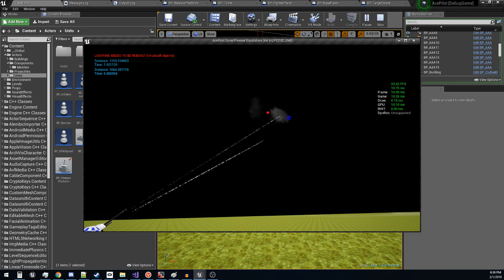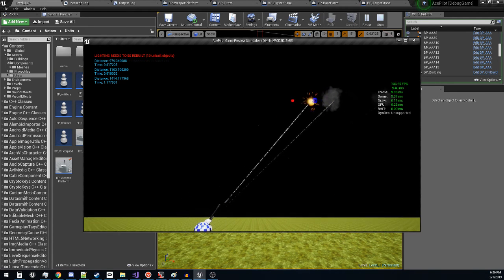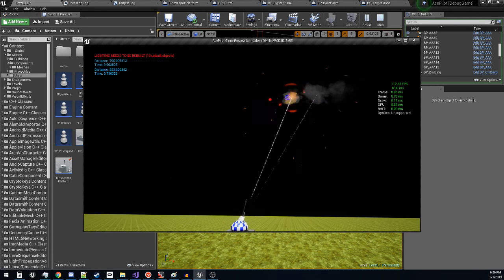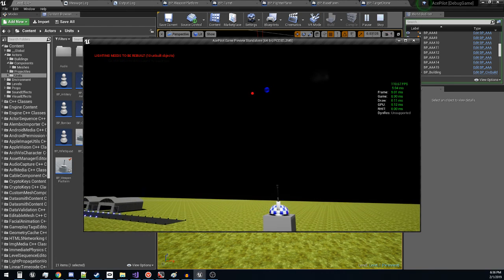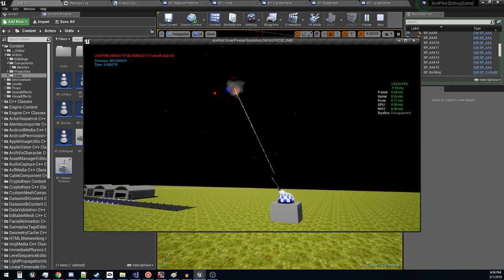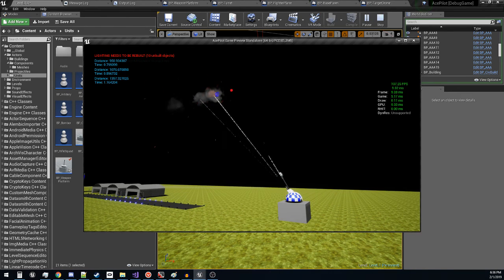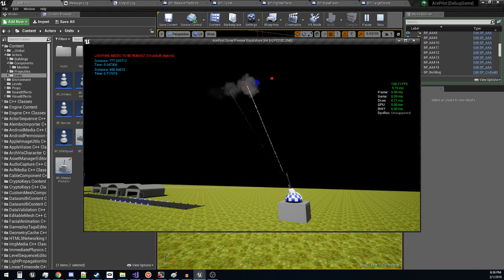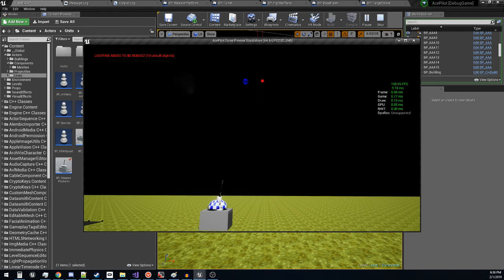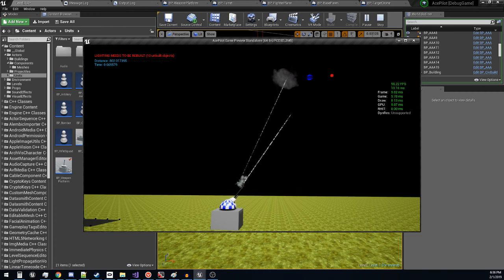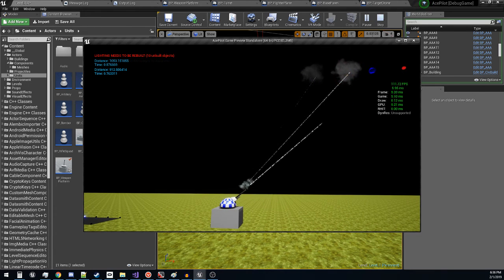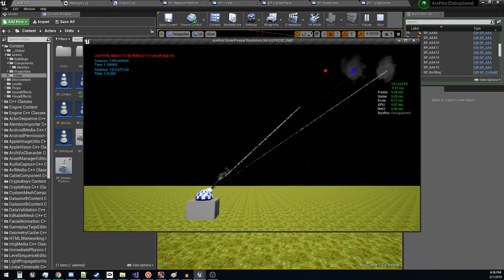That red circle is the anticipated location of the target, and the blue sphere is the target itself. So our turret is actually aiming at the red circle, and by the time the projectile arrives, it is on top of the blue circle, which is the aircraft itself.